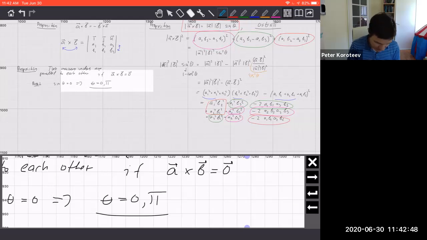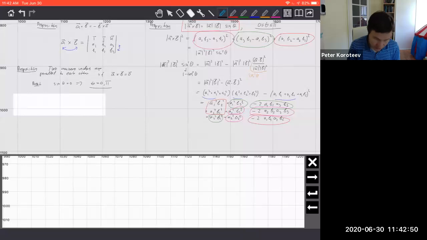So let's do an example, and we'll illustrate the proposition about the length geometrically.